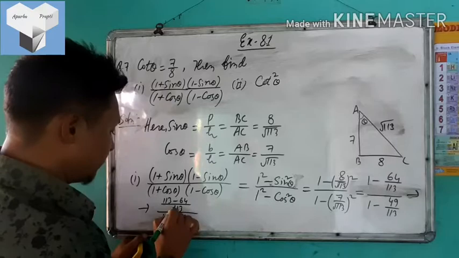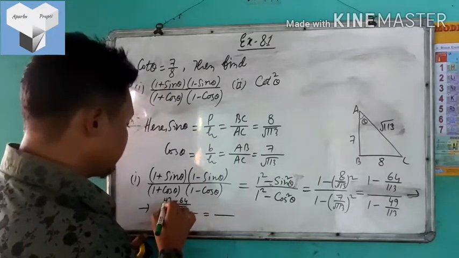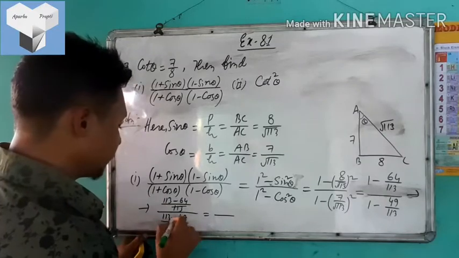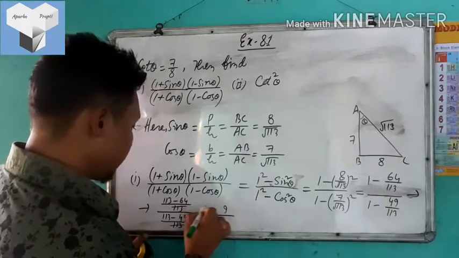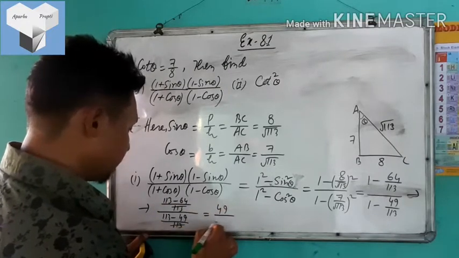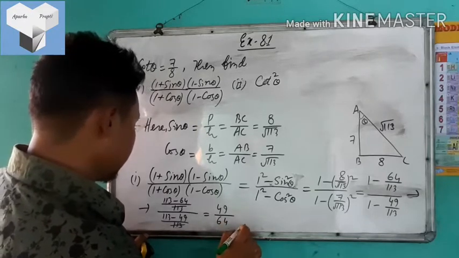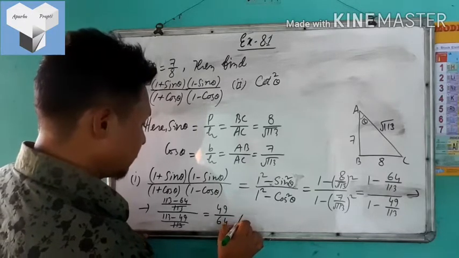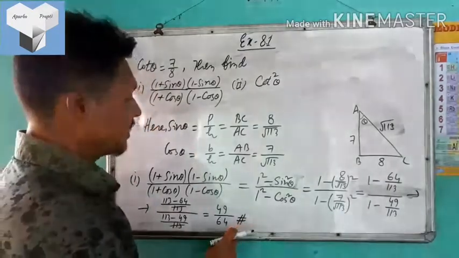You can cancel this 113, then it will remain 113 minus 64 and 113 minus 49. 113 minus 64 is 49, and 113 minus 49 is 64. So this is the required answer, 49 by 64.